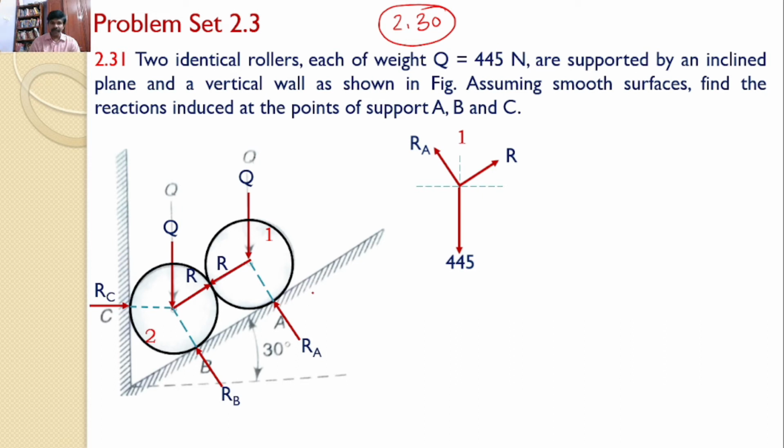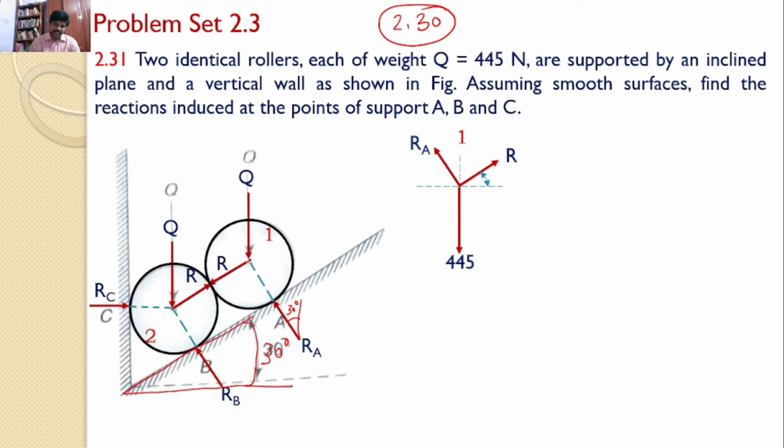Look at this RA. You know that this RA is perpendicular to this inclined surface, and given that this inclined surface makes an angle of 30 degrees with the horizontal, its perpendicular makes the same angle, 30 degrees, with the vertical.